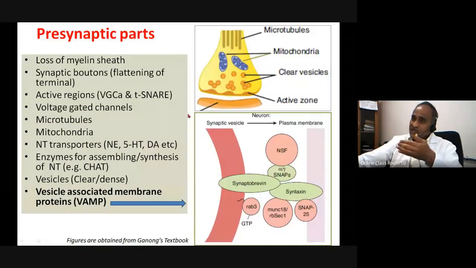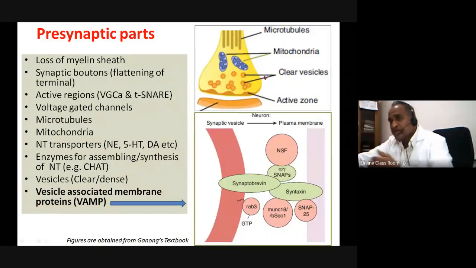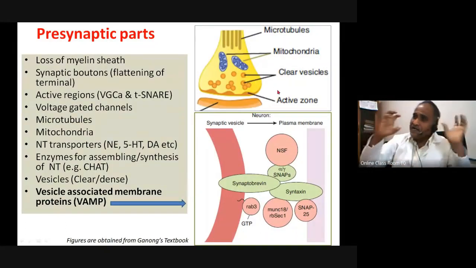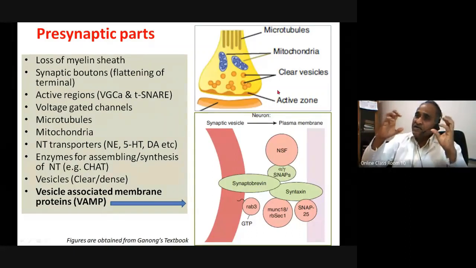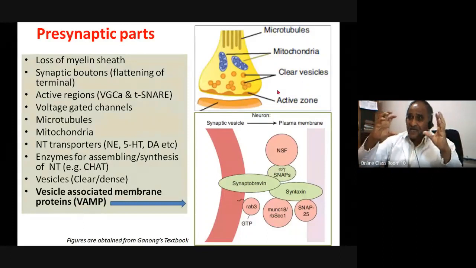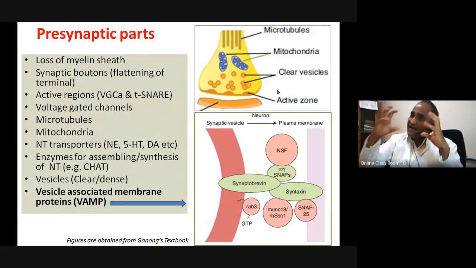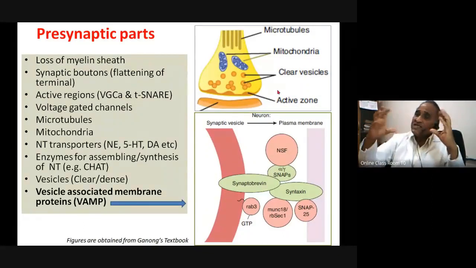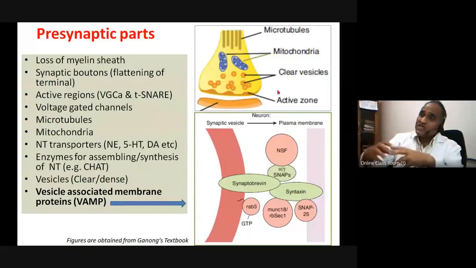That is one thing. Sometimes these synapses are guarded or wrapped by glia or astrocytes, which are enriched with these transporters, and these astrocytes provide the material.